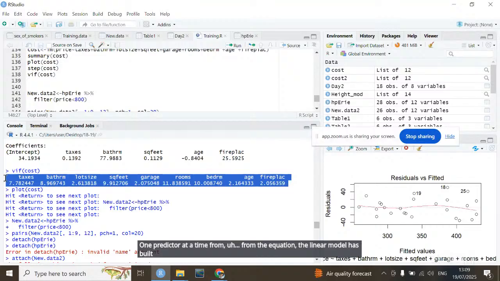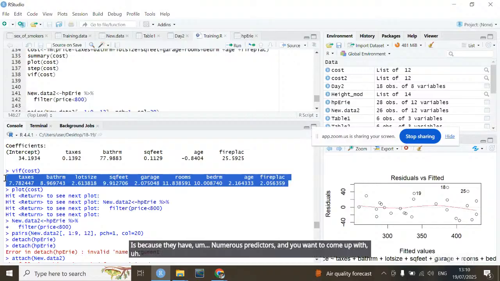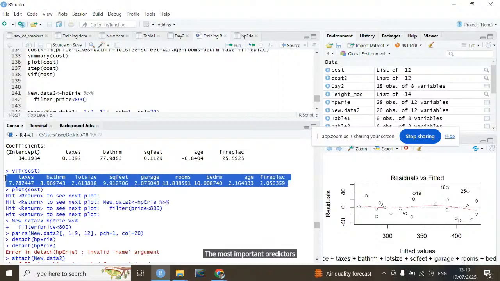Sometimes people do regression analysis because they have numerous predictors and you want to come up with the most important predictors of the response variable you want to comment about.